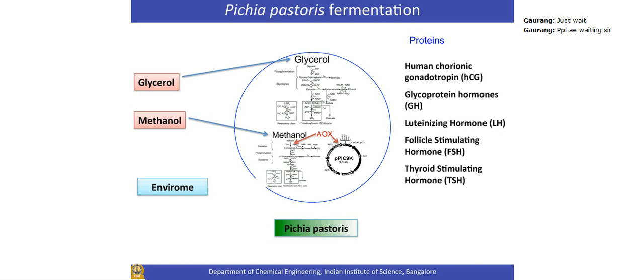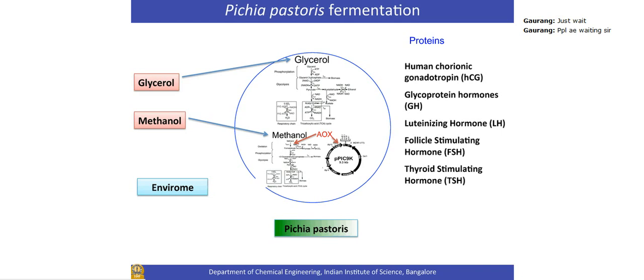This is the normal status of how Pichia pastoris survives. It can survive on glycerol or methanol. Among these, glycerol gives you a lot of cells. Methanol is rather limited, but in principle it can use it.